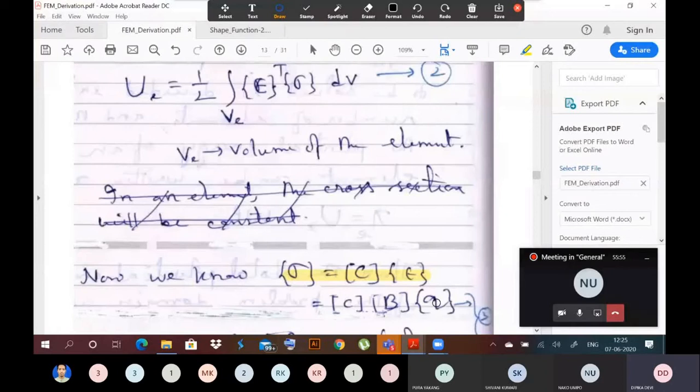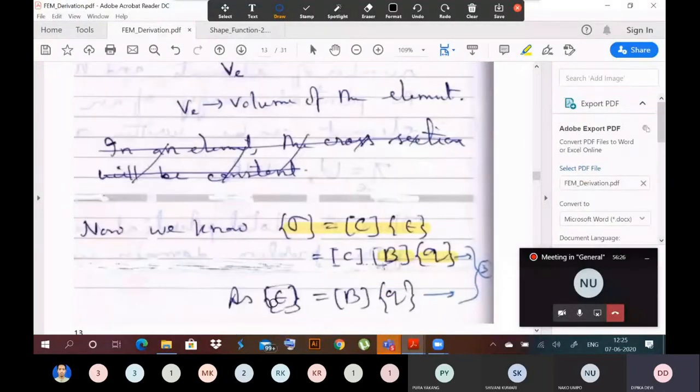Your stress can be written in terms of nodal displacement using this equation, where epsilon is equal to B into Q. This we have already derived. B for different types of element we have derived. So knowing the constitutive matrix C, we can find out the expression for sigma in terms of your nodal displacement matrix Q, where Q will be equal to U1, U2 for a 2-noded bar element, U1, U2, U3 for a 3-noded bar element, U1, U2, V1, V2, U3, V3 for a 3-noded triangular element.